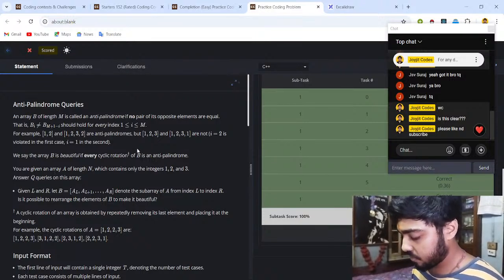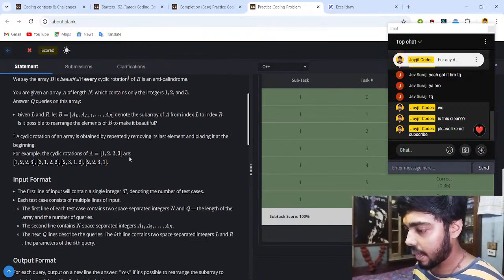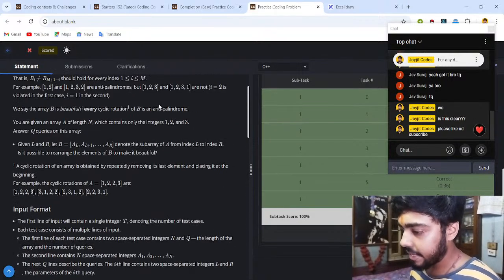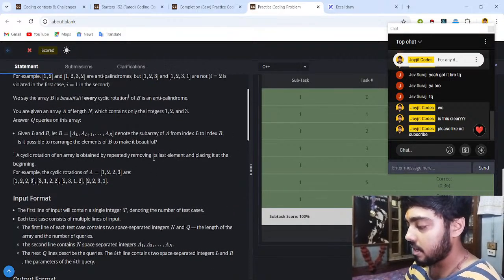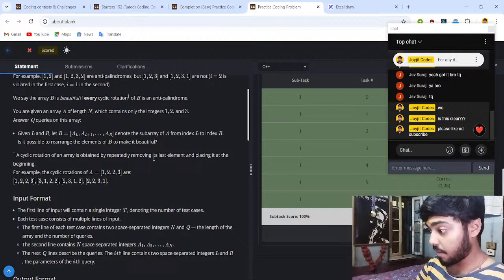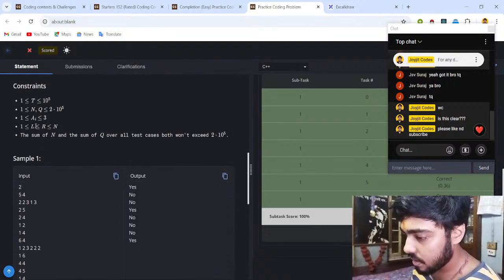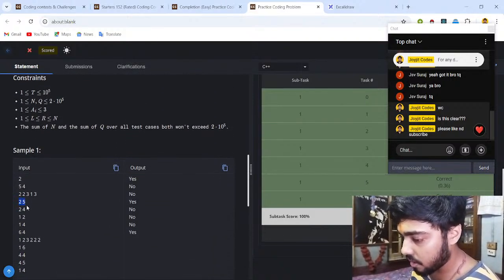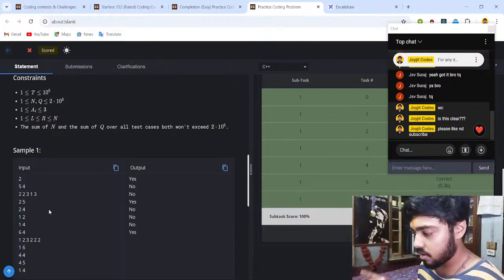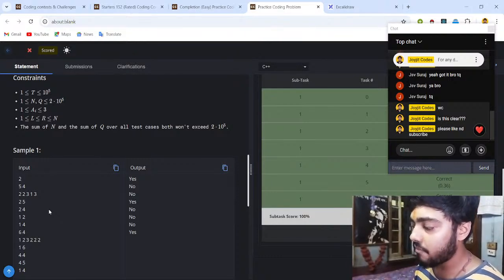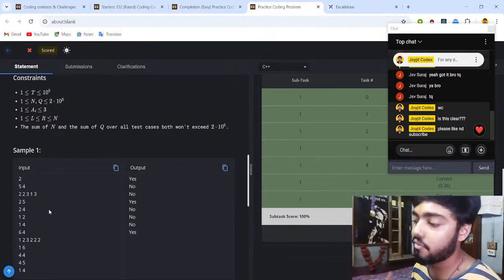What happens is, you're given an array, and for every specific query, the query is going to give you a subarray in the form of L comma R. For all the positions including L and R, if we can rearrange them in such a manner that it is anti-palindromic, and no matter how many times we perform a cycle on it, it will remain anti-palindromic, then only we can say that it is a beautiful subarray.